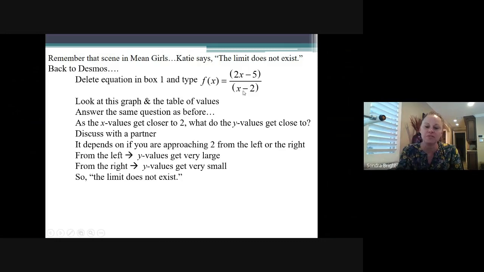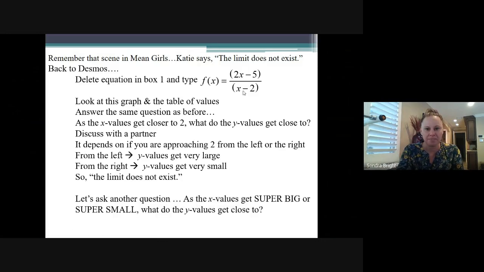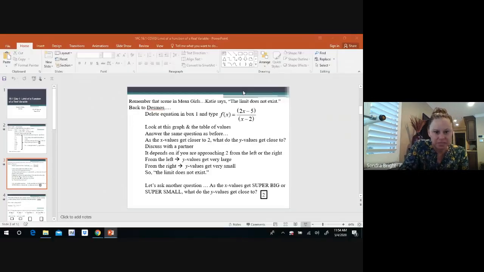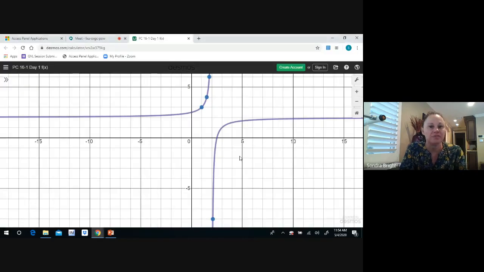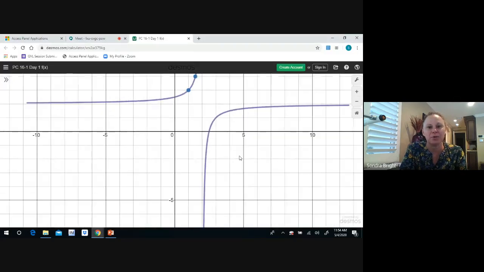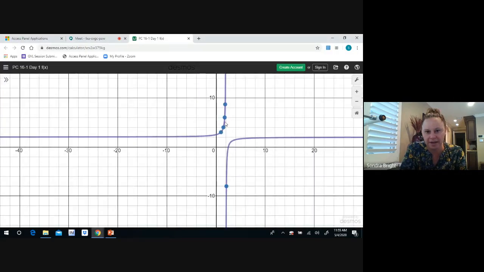But instead, what if we ask, what happens as the x values go to positive infinity or negative infinity? What happens to the y values? So let's go back and look at this graph. Now it's a different question. Before I was asking as x approached 2 right here.